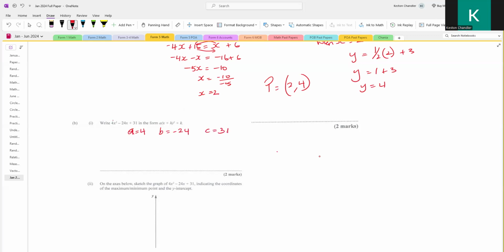Picking up from here, H is equal to B over 2A, and K is equal to C minus A by (B over 2A) squared. H is equal to -24 over 2 by 4. It's -24 over 8, -3.